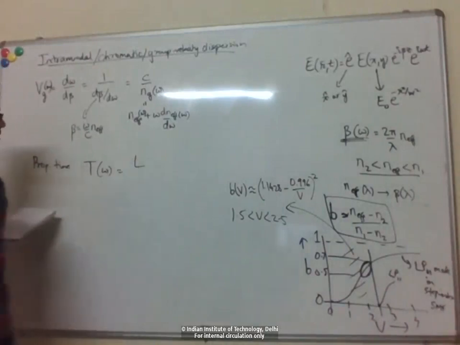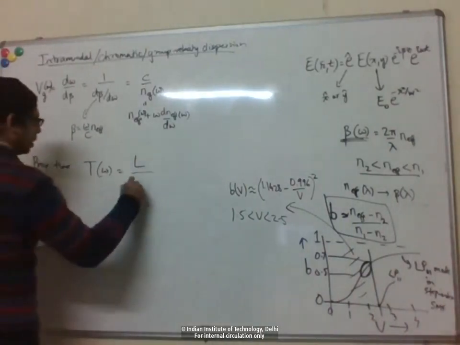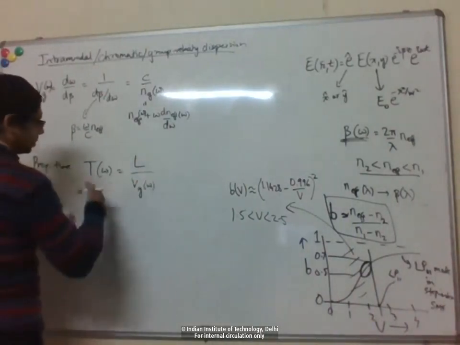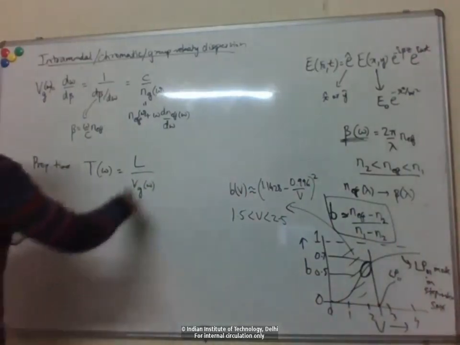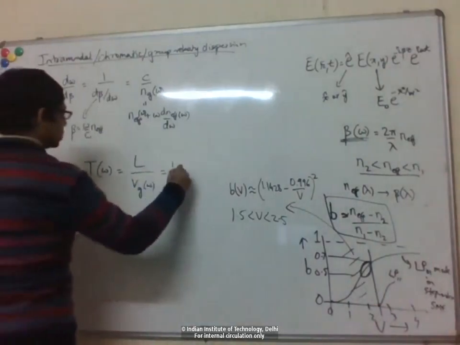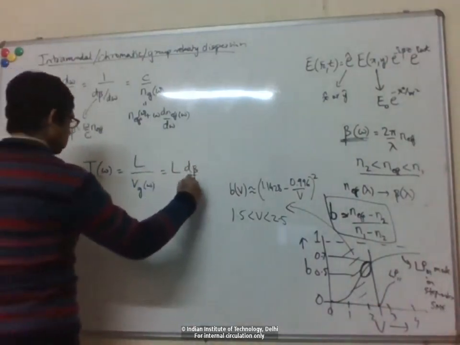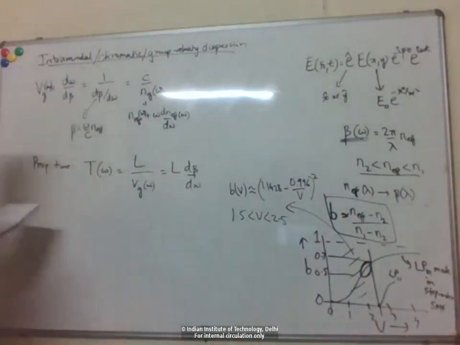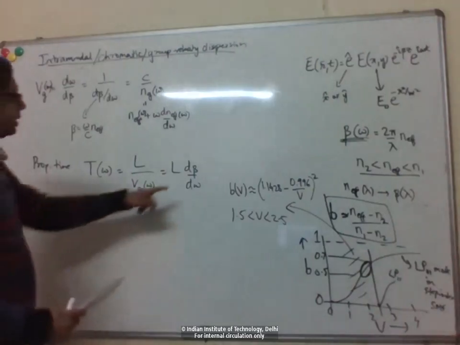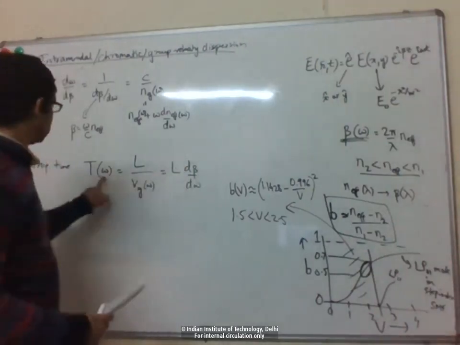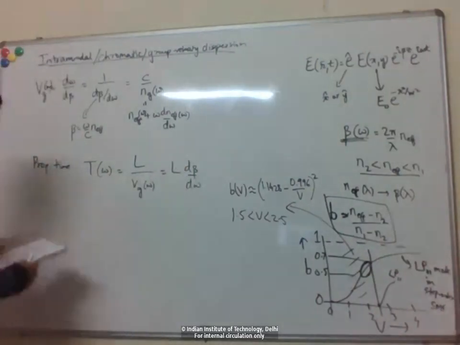So this is basically the length of the fiber divided by the group velocity. That's the time taken. So if we put this expression here, we get that. And now basically this is a function of frequency. So this transit time is a function of frequency.